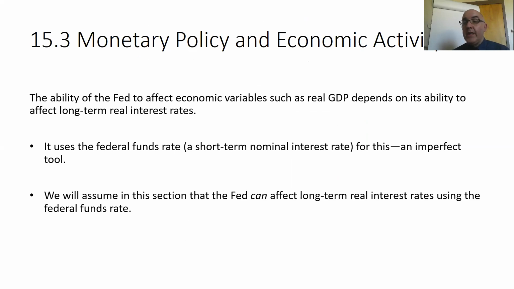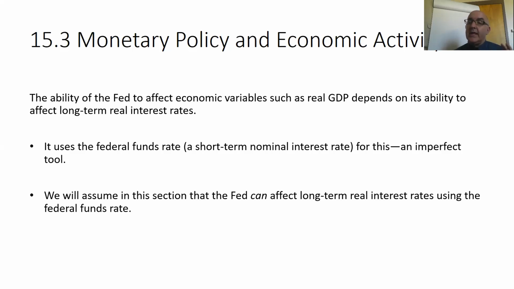So obviously the ability of the Federal Reserve, remember this is different from the government. Yeah, it's a government agency, but it is theoretically independent of the government. And so their ability to affect economic outcomes, to affect inflation, to affect aggregate demand, to keep high employment is through their ability to affect the interest rate.